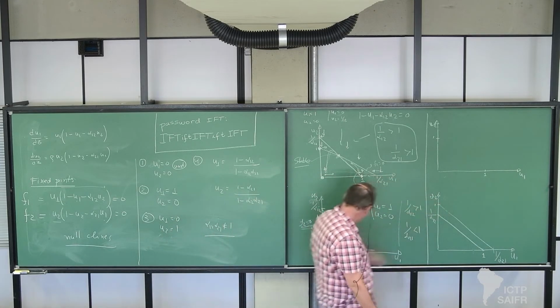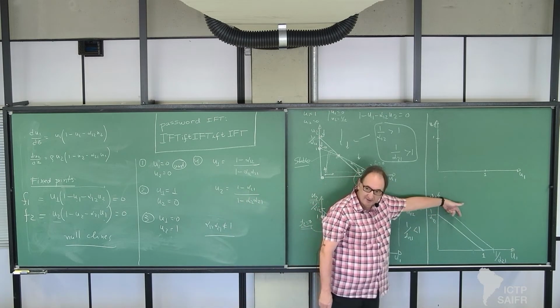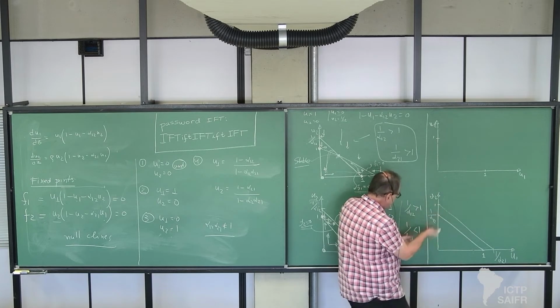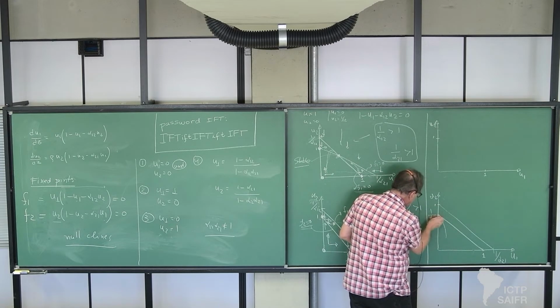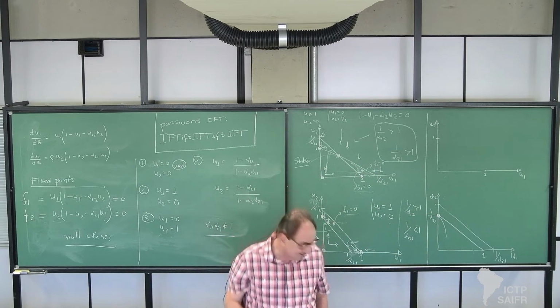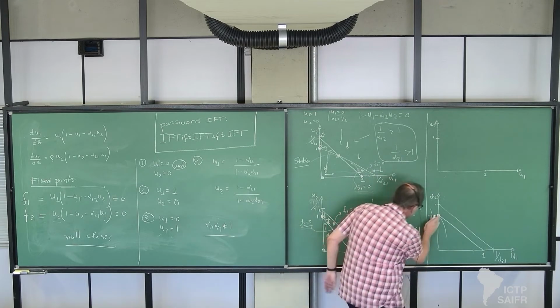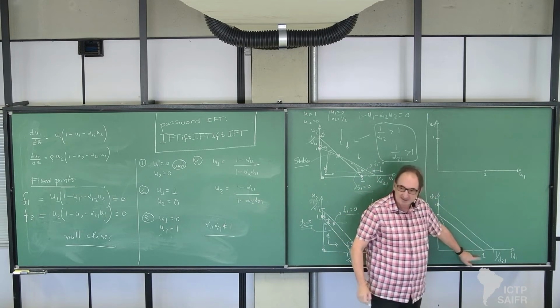This was F1 equal to 0, F2 equal to 0, now it's inverted, and everything gets inverted. This one will be the fixed point, which is stable, and this is unstable.